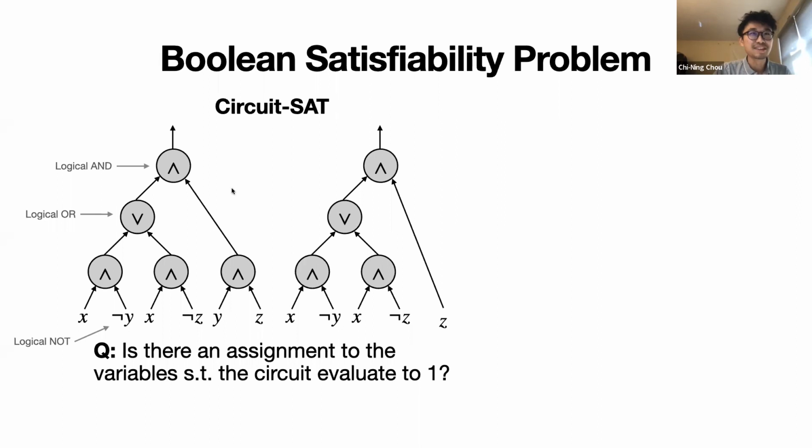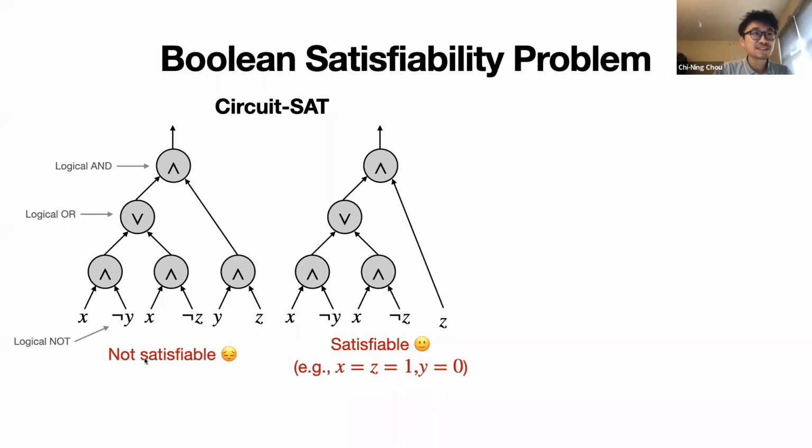So maybe you can take a look, there are 2 circuits here. Do you think they are satisfiable? It turns out that this one is not satisfiable, and it probably is not too difficult to see if you do some checking here. And on the right, this circuit is satisfiable.